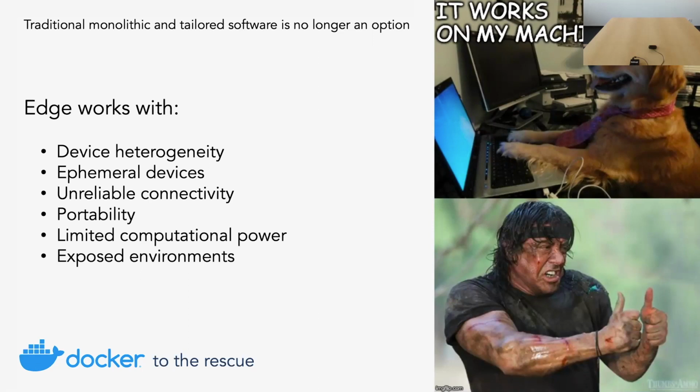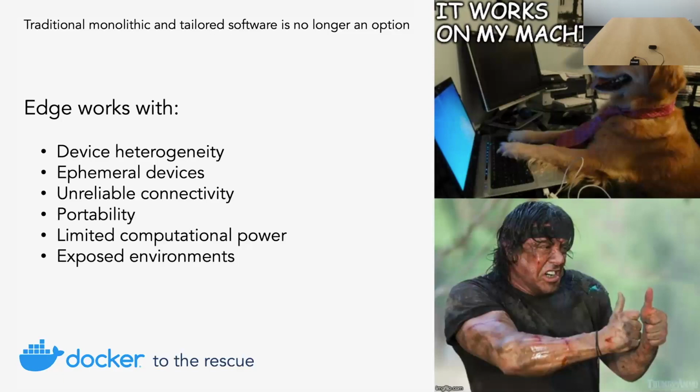We might be handling limited computational power, because even though you can buy a fully functional computer for $5, it's not like you can run very, very powerful algorithms there. So we need to be able to cope with that. And finally, we have exposed environments. And when I say exposed, it doesn't mean that you are exposed to the wider network, but instead you are exposed to probably physical intrusions, right? So we want to isolate our data and isolate our applications as much as possible.